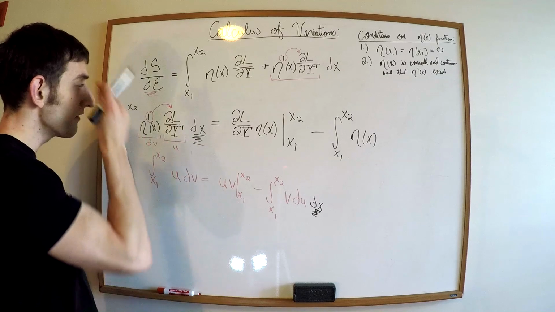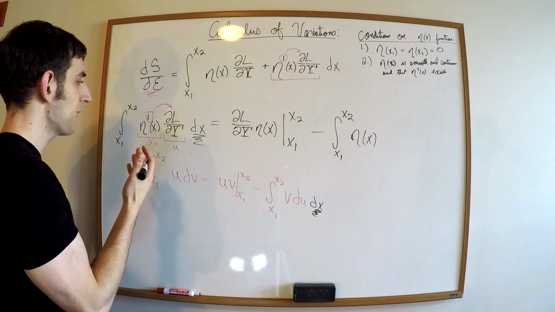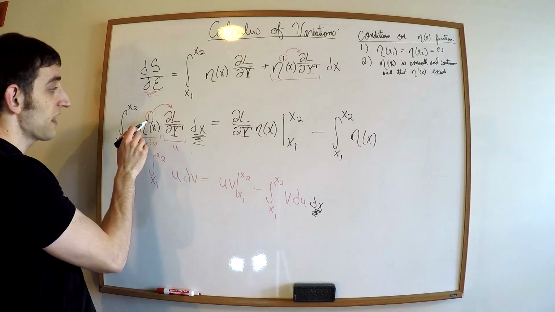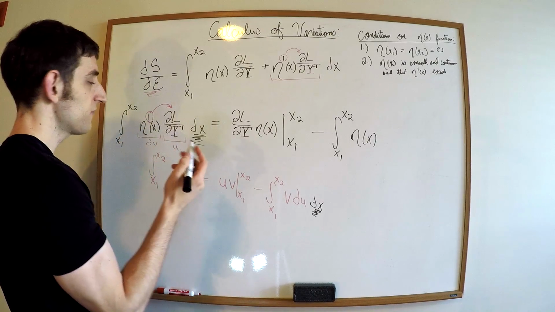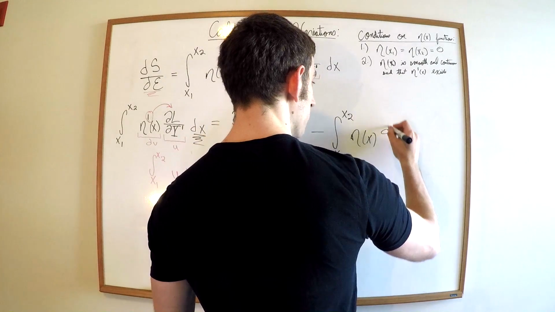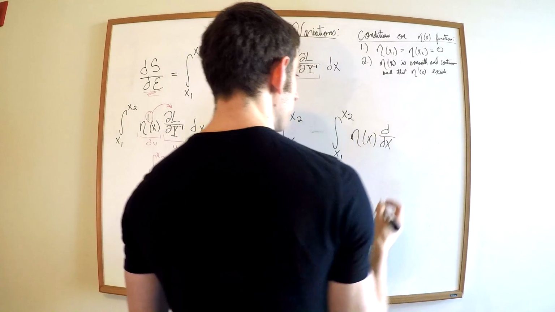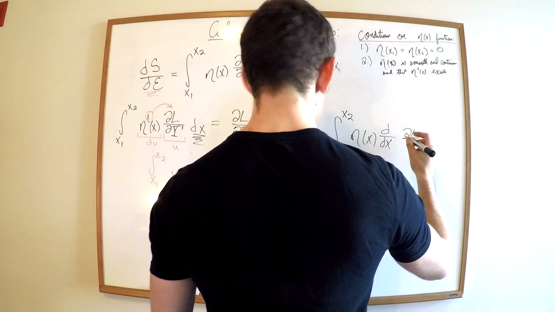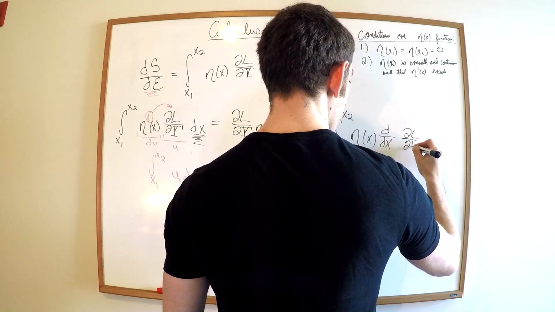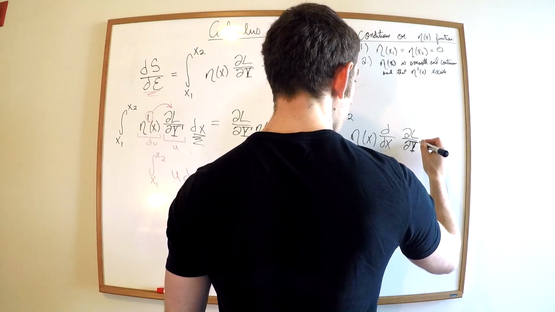So when we take the derivative, what's going to happen is we're going to transfer this derivative over to that. This derivative is with respect to x. So this becomes d/dx of dL/dy prime.